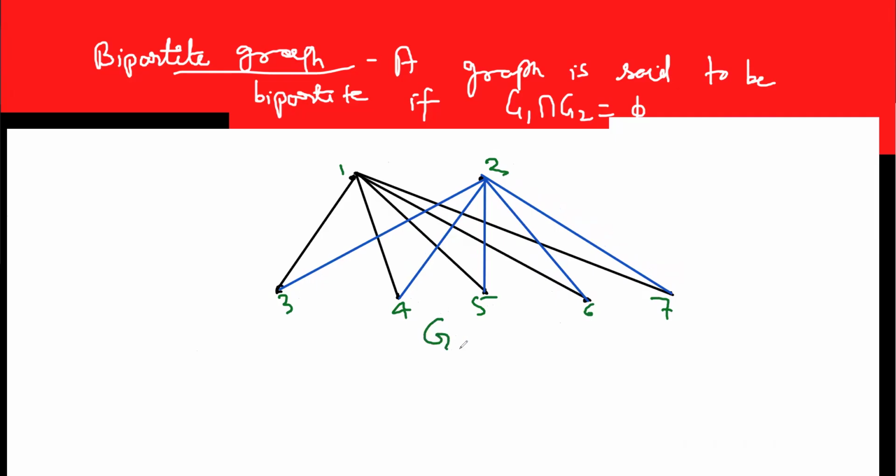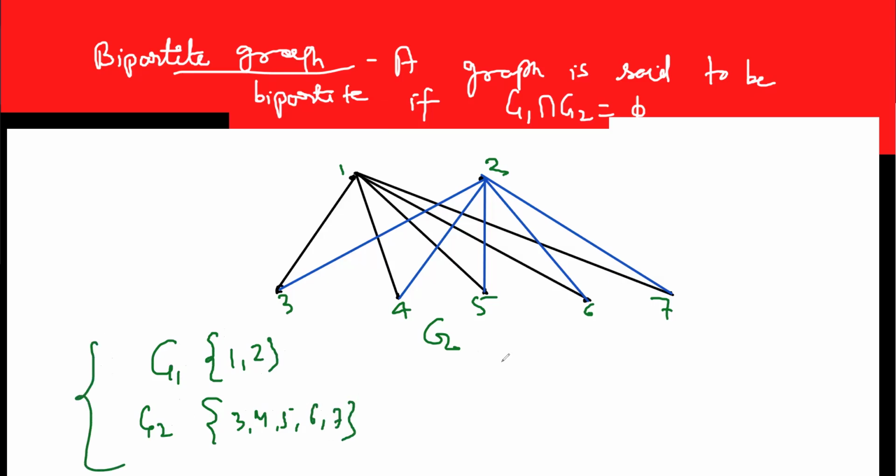So this is G, right? What is G1? No, no. G1 contains 1 and 2 only, and G2 contains the rest. You can see they have no intersection. And when you take the union, you will get G, right? This is a bipartite graph.